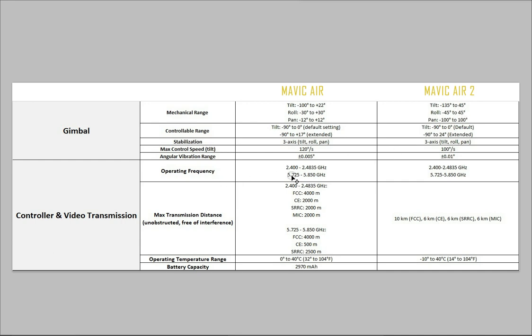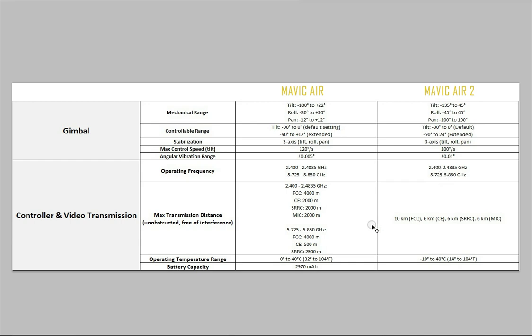Then you have operating frequency. The same operating frequencies is available for Mavic Air and Mavic Air 2. And notice one thing, Mavic Mini did not have 2.4 gigahertz band for one of its models, but in this case they have added both of them.